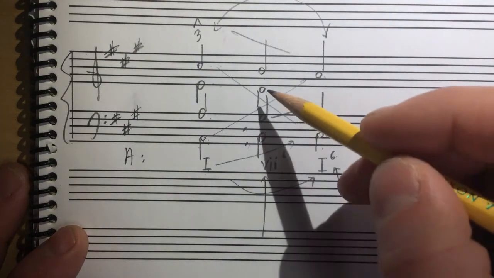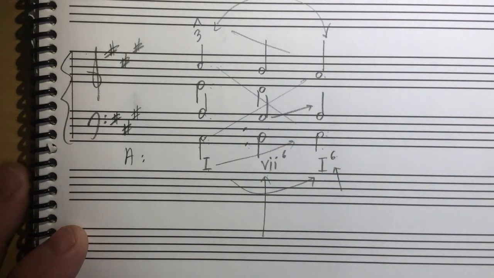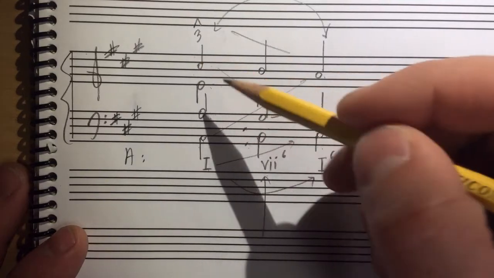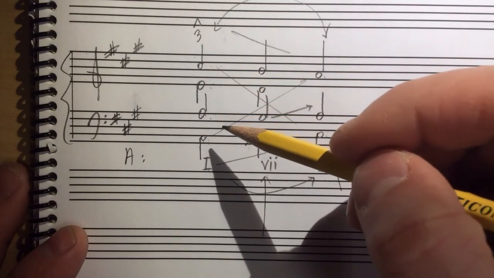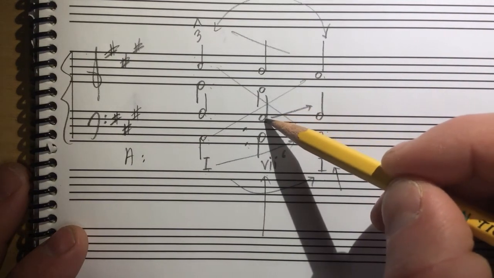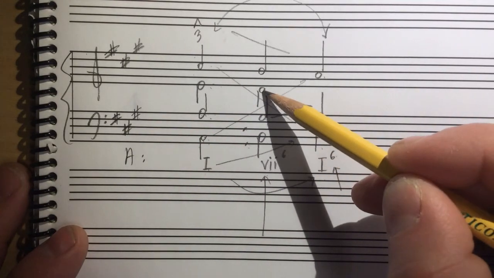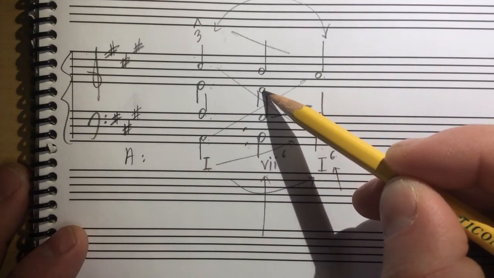Now, when you move in parallel motion like this, you do need to check that you don't have parallel perfect fifths. So let's check. From an A to an E natural is in fact a P5. Now our next tone, from a G sharp, because it's in the key signature, to a D natural: is that a P5?